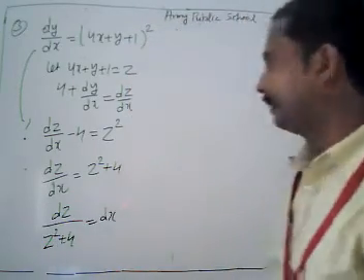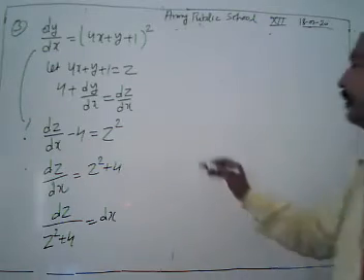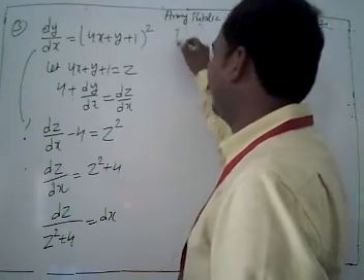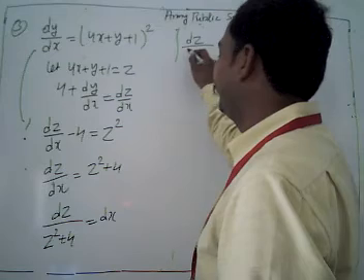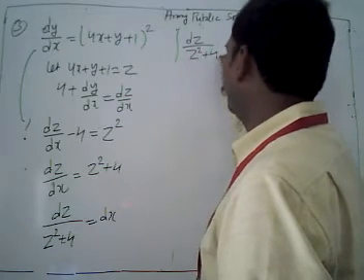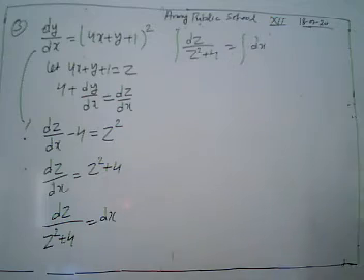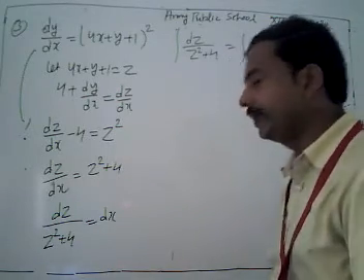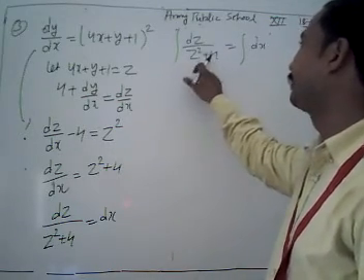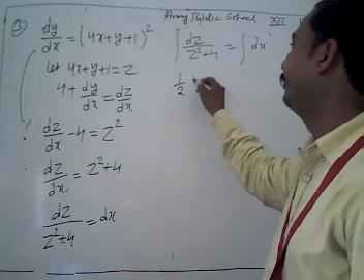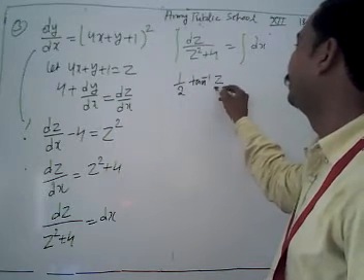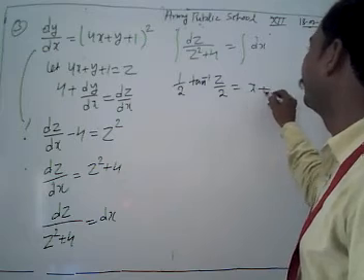Now our variables are separated. Then we integrate both sides. Integration of dz upon z square plus 4 equal to integration of dx. The left side is z square plus 2 square, so we get 1 by 2 tan inverse z by 2 equal to x plus c.